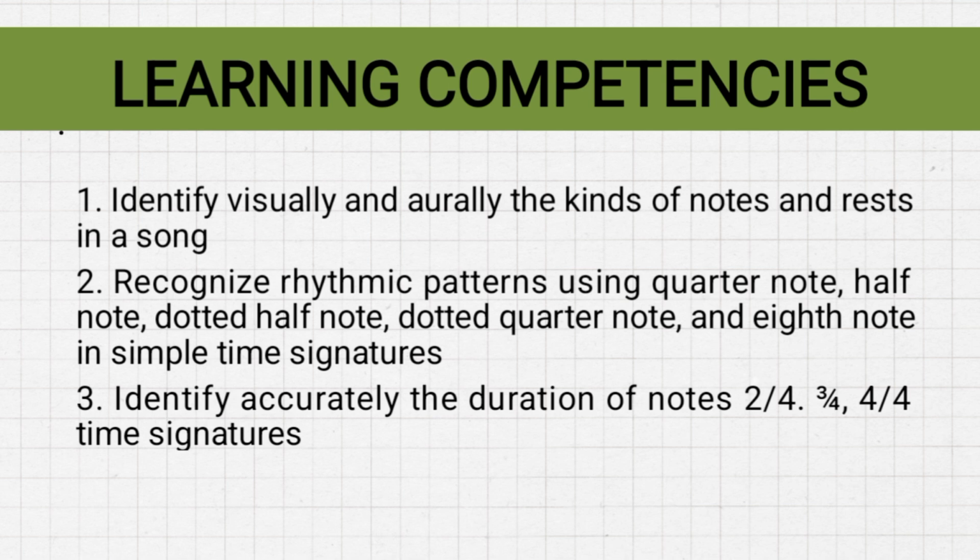Identify visually and orally the kinds of notes and rests in a song. Recognize rhythmic patterns using quarter note, half note, dotted quarter note, and eighth note in simple time signatures. And lastly, identify accurately the duration of notes in 2/4, 3/4, 4/4 time signatures.